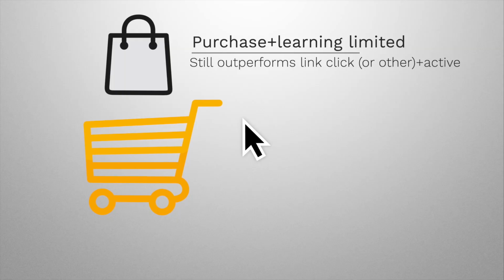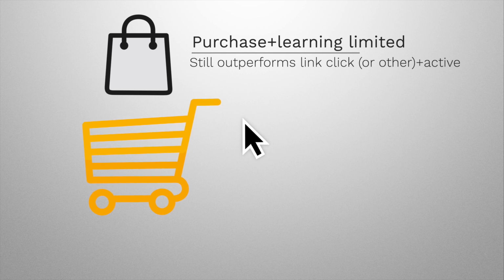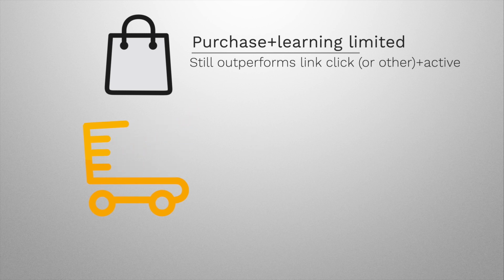If I'm aiming for purchases, I have overall had better luck trying to optimize for purchases, even if I know it's unlikely to exit the learning phase and go to active and will get moved to learning limited. I could target 20 or 30 or 40 purchases in a week, and that will still likely outperform targeting, let's say, link clicks, even if I know that that will actually leave the learning phase properly.